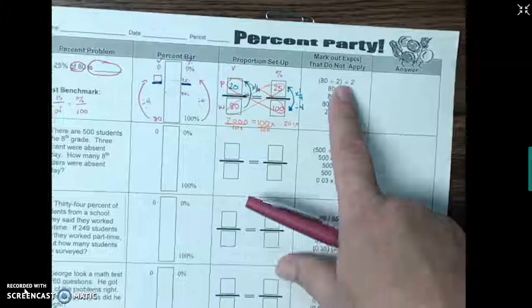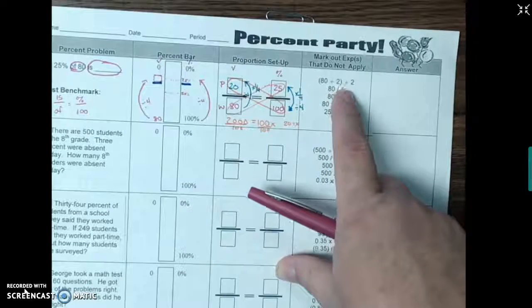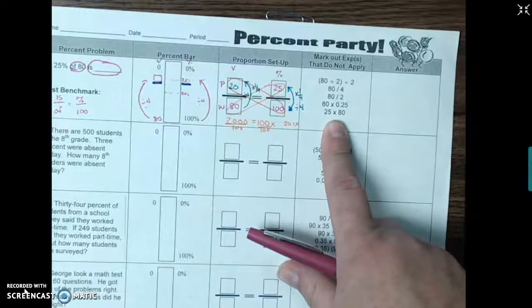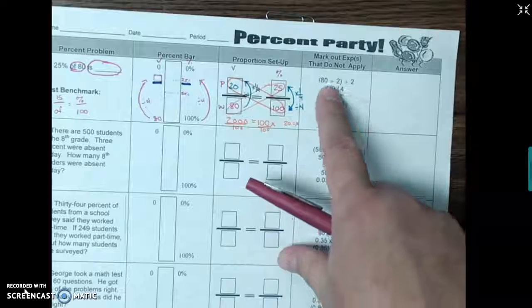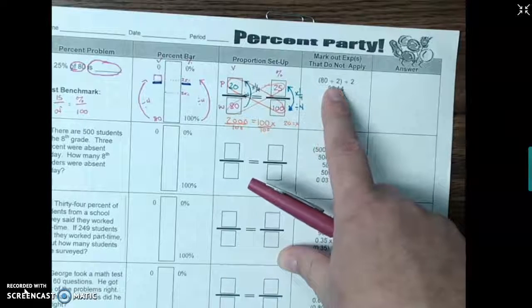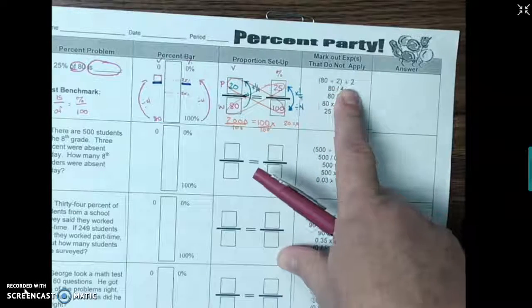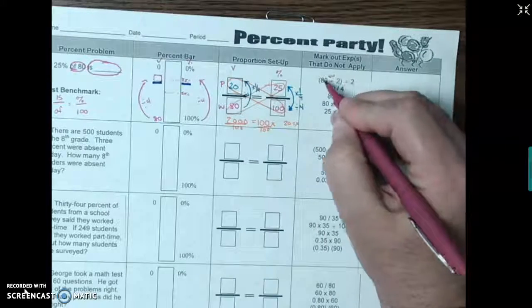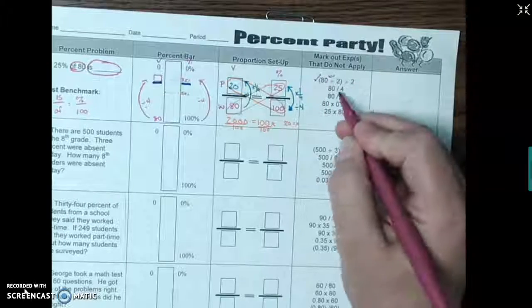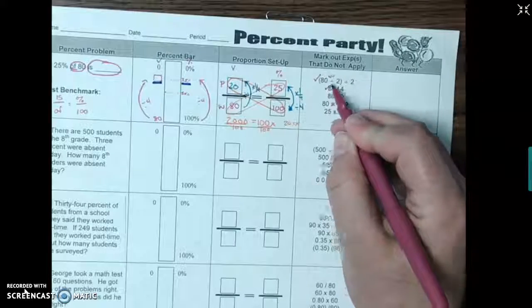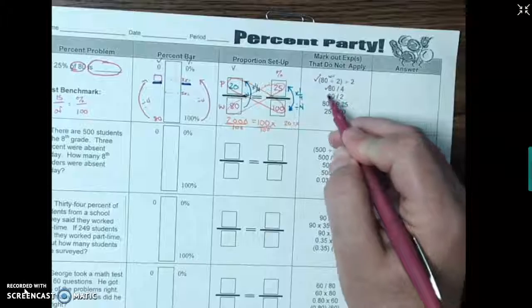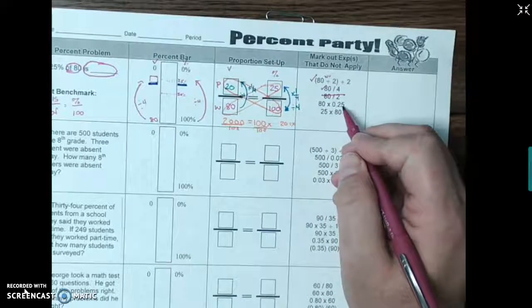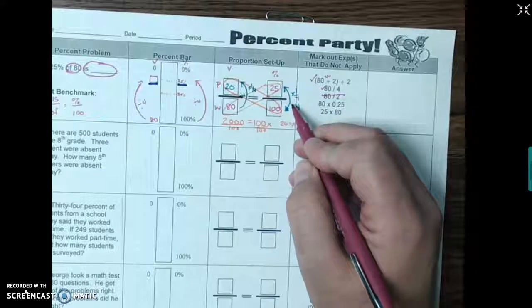Each one of these is a different expression. This is 80 divided by 2 divided by 2. So 80 divided by 2 is 40, divided by 2 is 20, so that works. 80 divided by 4 is exactly what we did. 80 divided by 2 is only 40, so that does not work. 80 times 0.25, or 1/4, that is also what we did.